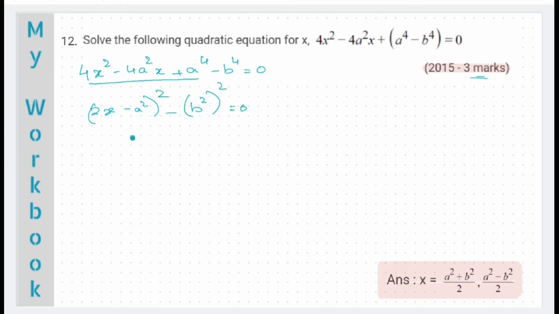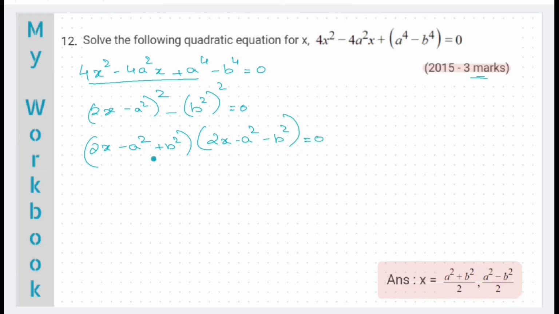So this is of the form p square minus q square. So it can be written as 2x minus a square plus b square, which will be p plus q, into 2x minus a square minus b square equal to 0.